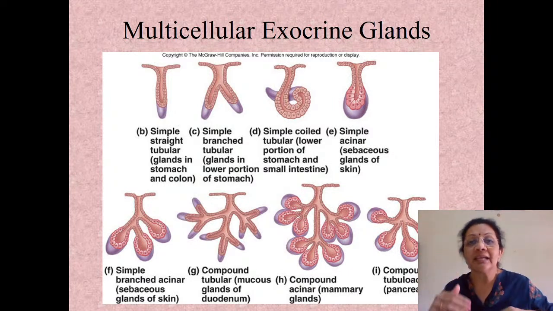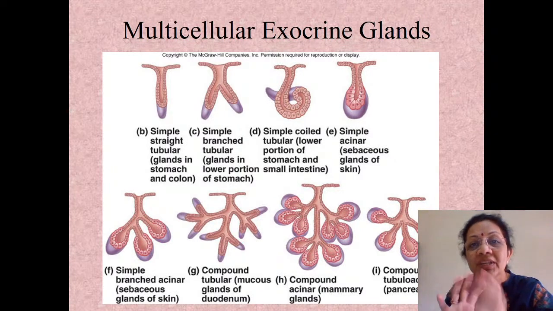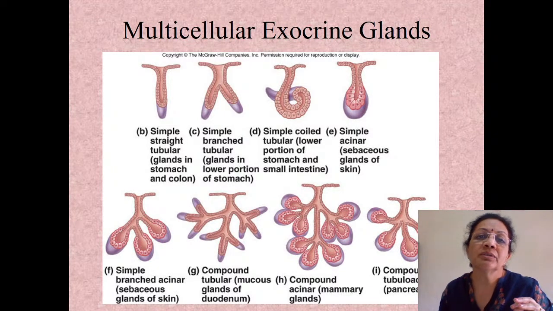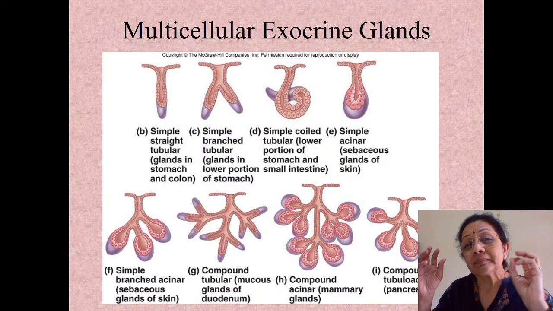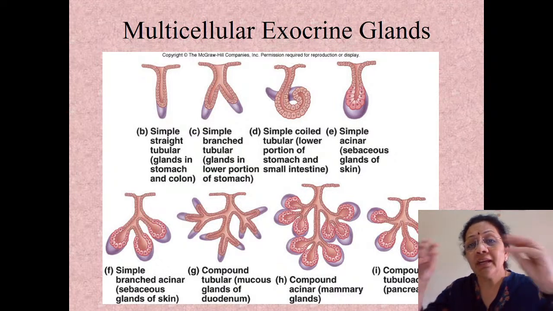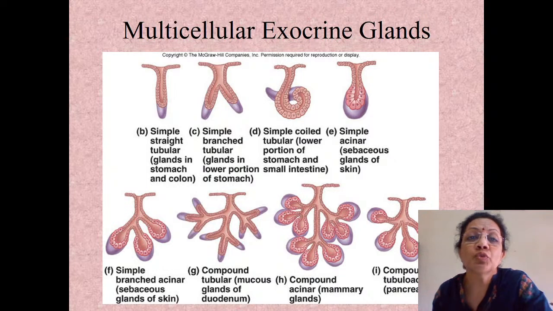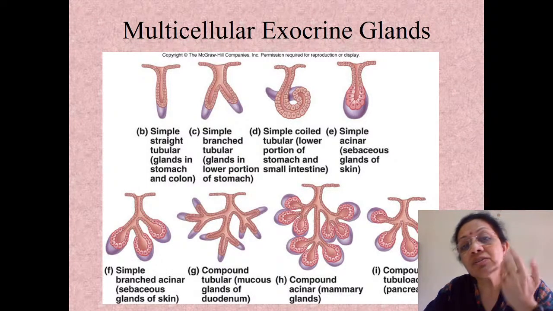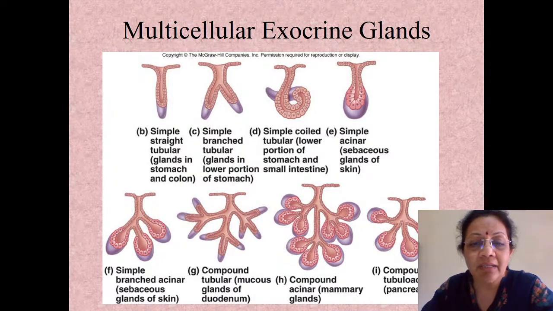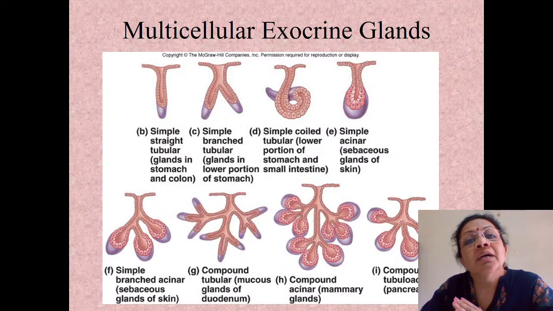The shape of the gland is called tubulo-acinar if the secretory units are a combination of tubules, long, slender, or acini, which is bulgy, ovoid. If they are joining up and then joining up again, that means there is more than one generation of branching, then we use the word compound. Okay. The classic example is pancreas or parotid, any salivary gland, any of the big ones that you know. So this is how we classify exocrine glands as per their shape.